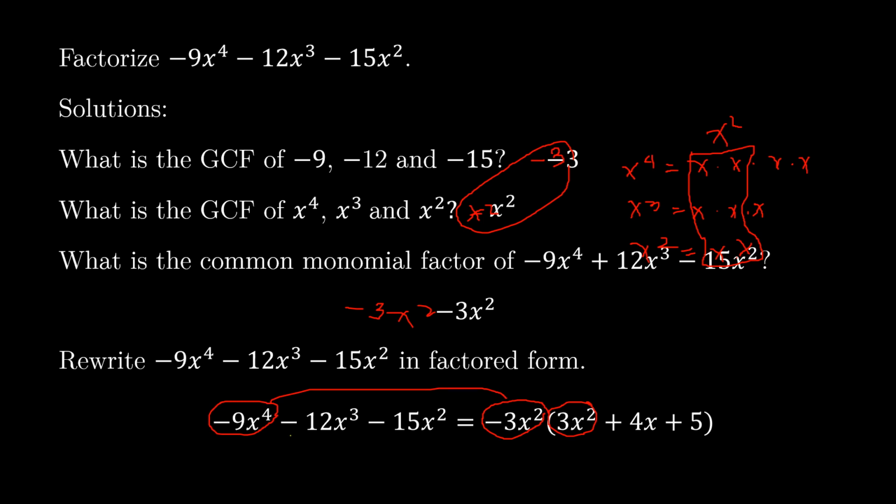If you divide this with this one, you'll get this one. And if you divide this with this one, you'll get this one. So the factors are negative 3x squared times the quantity 3x squared plus 4x plus 5.